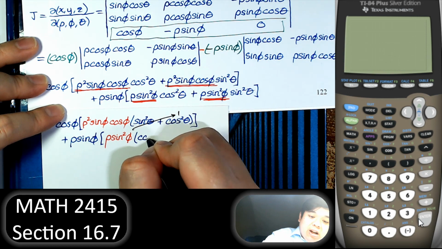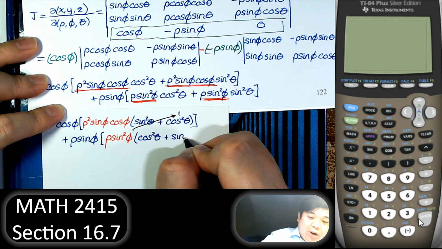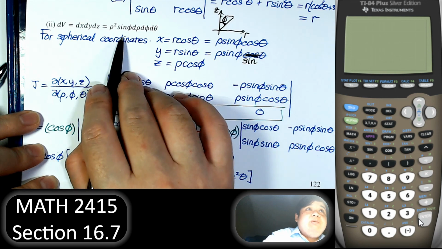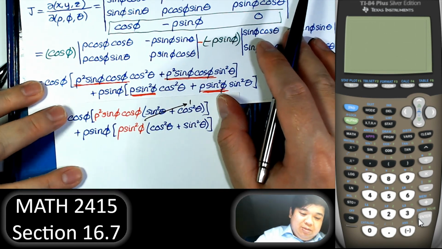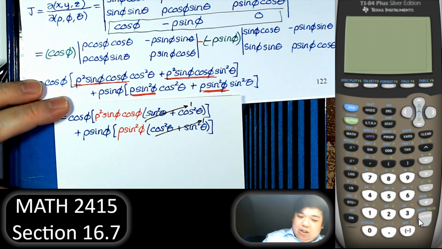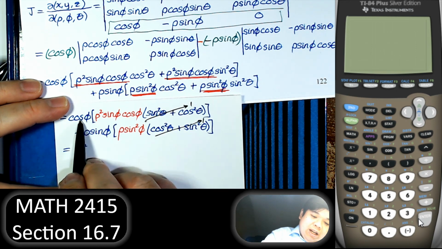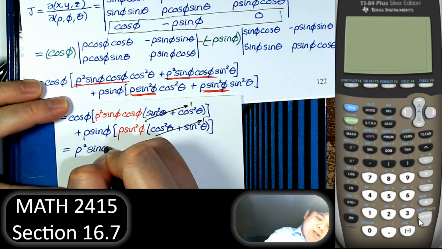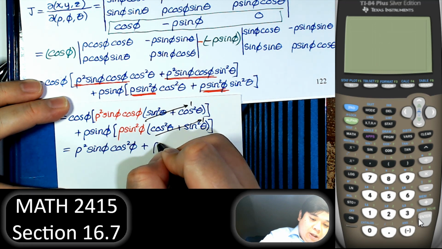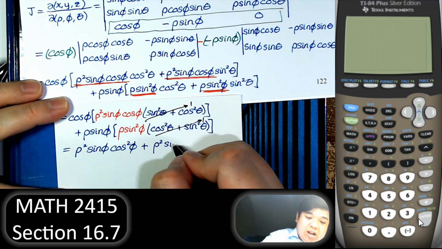Sometimes when I was a student, I preferred seeing a problem like this than something where I don't know the answer. We know the answer for this one is rho square sine phi, right? This equals 1. So we end up with rho square sine phi cosine square phi, and then rho square sine phi times sine square phi.